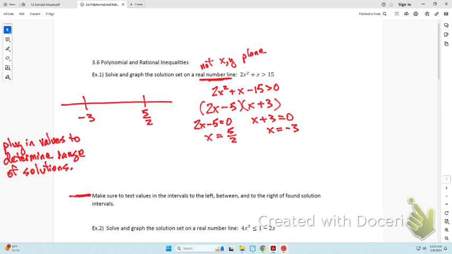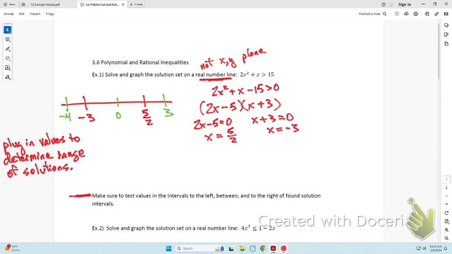So we need to test values. So let's test easy numbers. Let's test just left of it, in between, and just beyond. And by testing, I mean plug into the typed equation and see if you get a true statement.